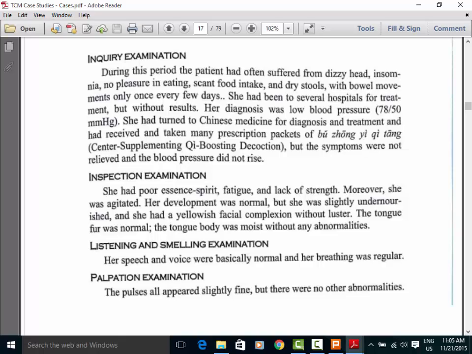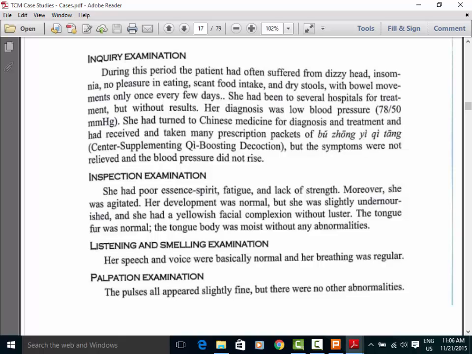Also, she was agitated. So does she have liver qi stagnation? Not necessarily. Don't jump the gun all the time. She was slightly undernourished. She had a yellowish facial complexion without luster. That shows what? Spleen deficiency. Tongue fur was normal.